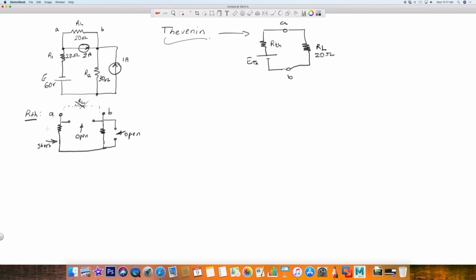What we end up observing between A and B, we have two resistors in series as seen through A and B. So RTH will be R1 plus R2.